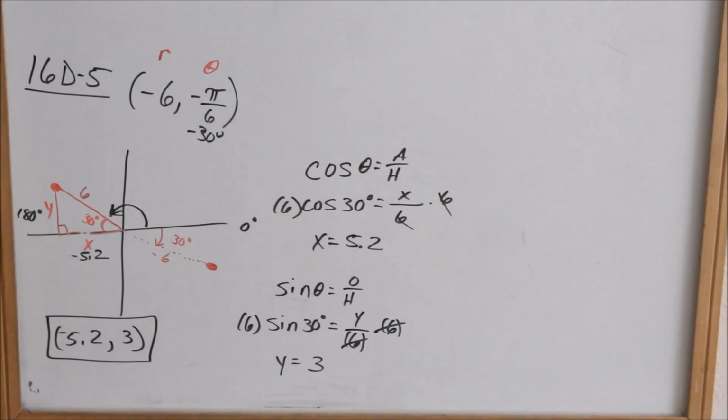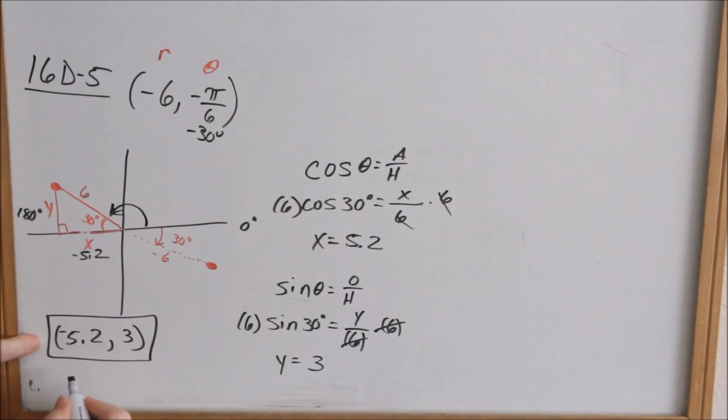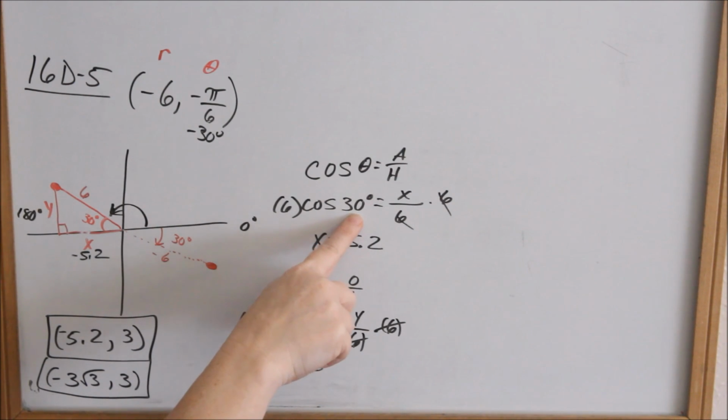Okay, so in the book, the solution will also be in radical format. So this is the same thing as negative 3 square root of 3. In my opinion, either format is fine, a decimal format or radical format. Where did this radical come from? Cosine of 30.